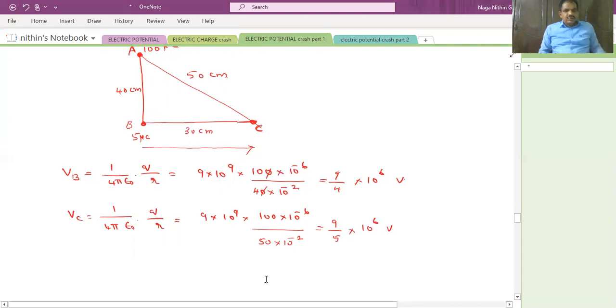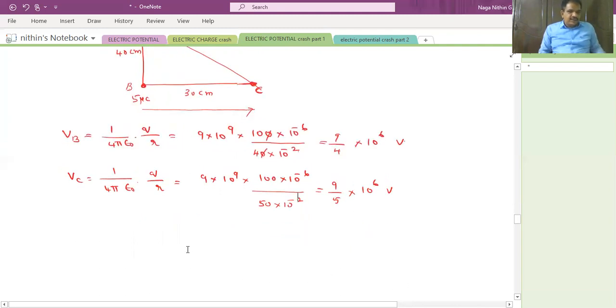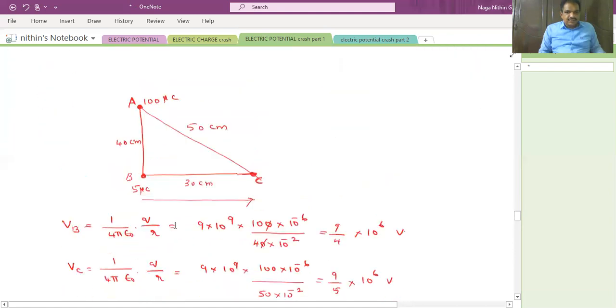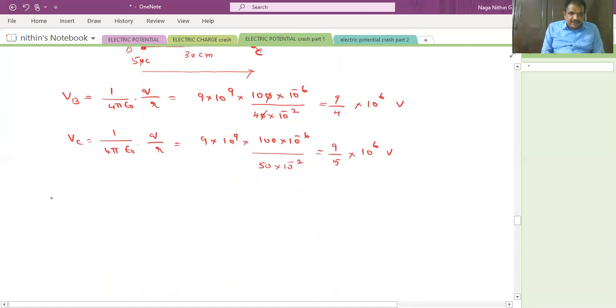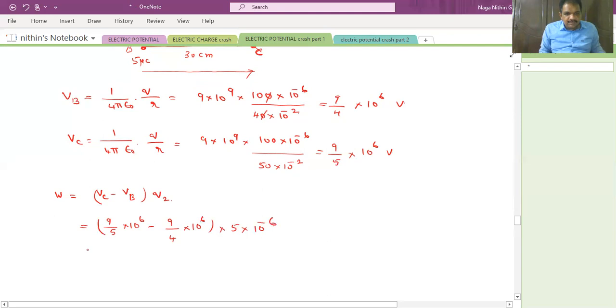Okay. Now work done is equal to Vc minus Vb into the charge we are moving, Q2. Vc value is 9 by 5 into 10 power 6 minus 9 by 4 into 10 power 6, into 5 into 10 power minus 6.